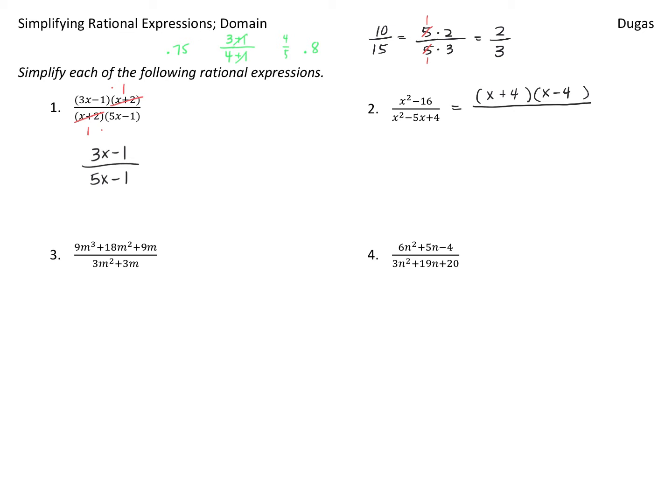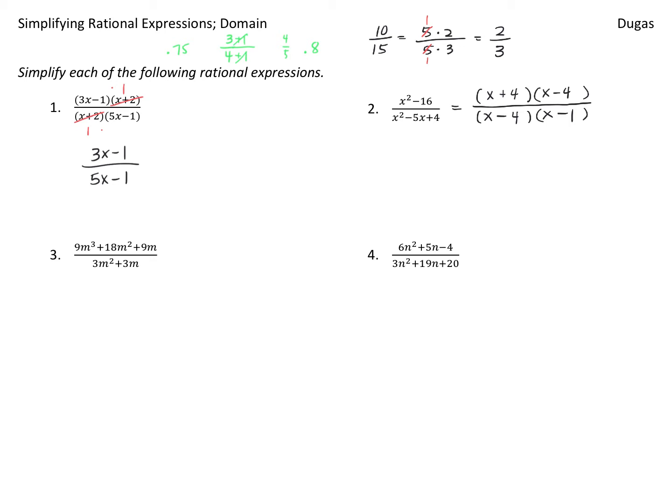The denominator, I see an x squared. Right now, it's a trinomial. I have to cancel the whole trinomial or nothing. But I could break it down into 2 factors. So x, what multiplies to get 4 and adds to get negative 5? That would be a negative 4 and a negative 1.